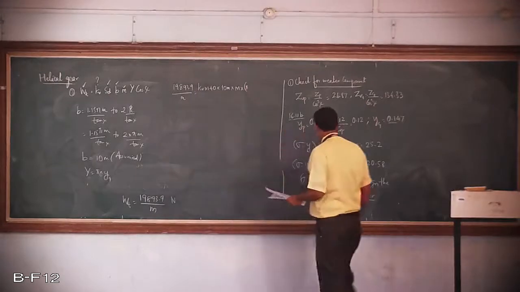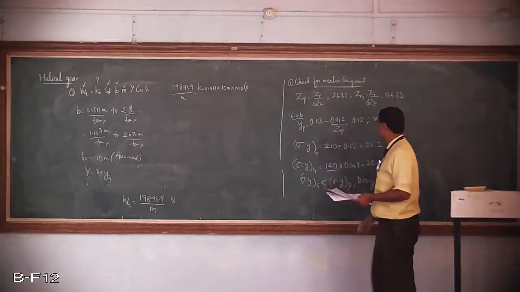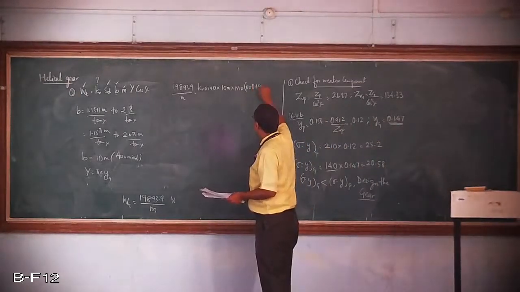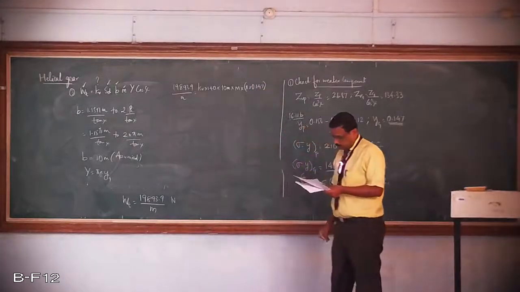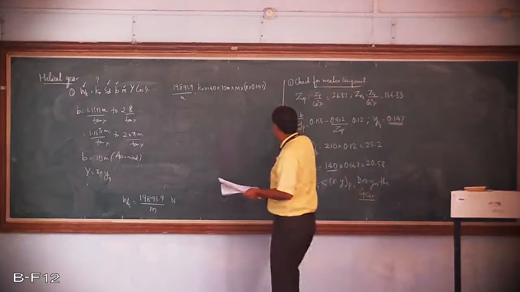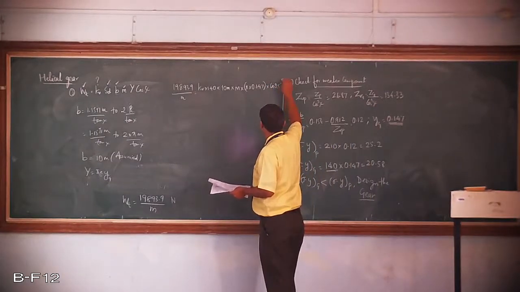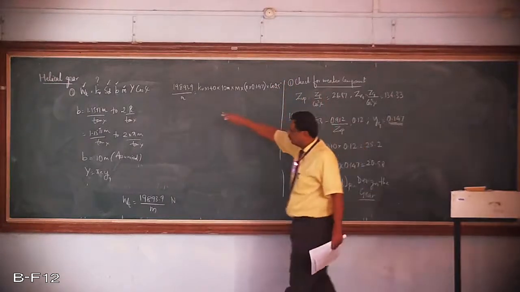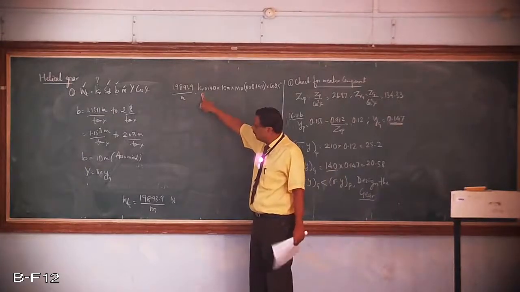Y of the gear, what is Y of gear? We have calculated it using the virtual number of teeth: 0.147. Clear? Okay. Next is cos of psi, cos of 25 degrees. Just check the values whether you are correct or not. Yes, we have substituted the value of WT. kV we don't know, we keep it as it is.